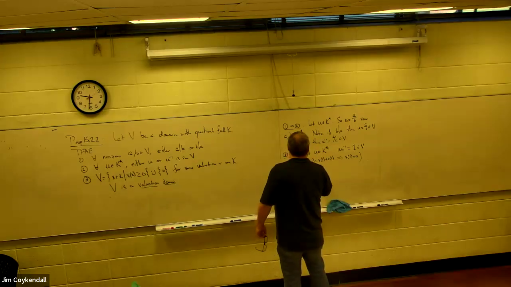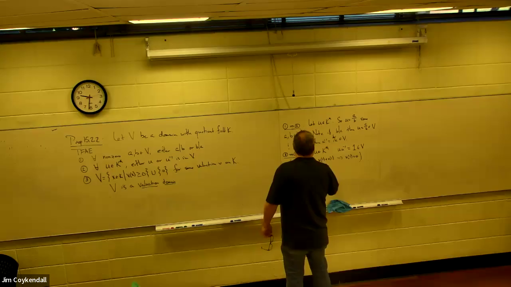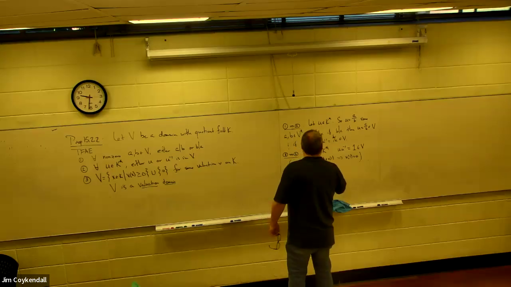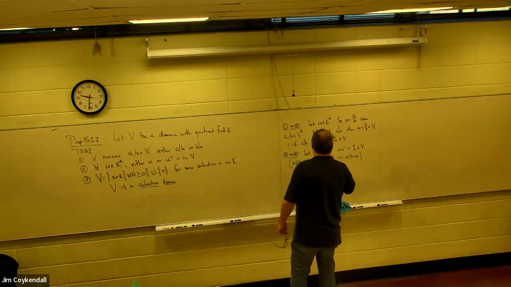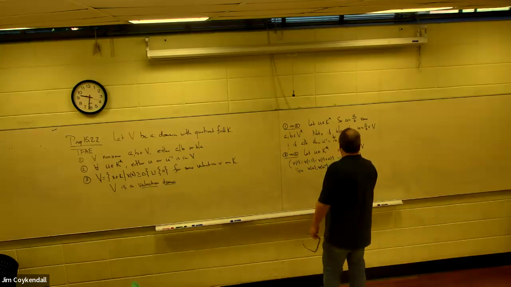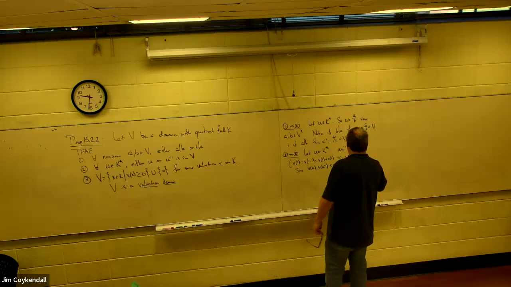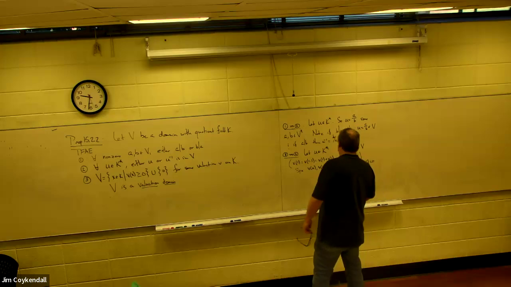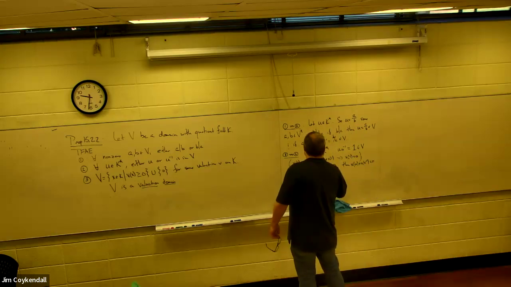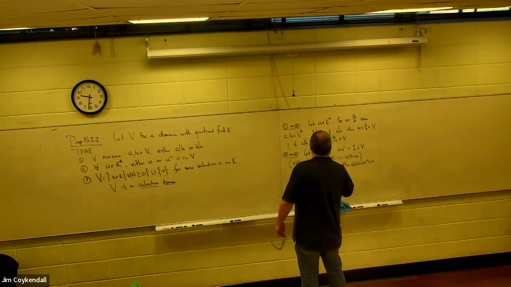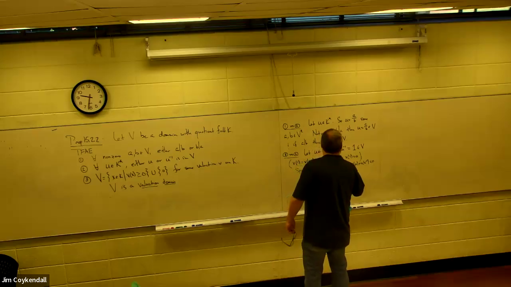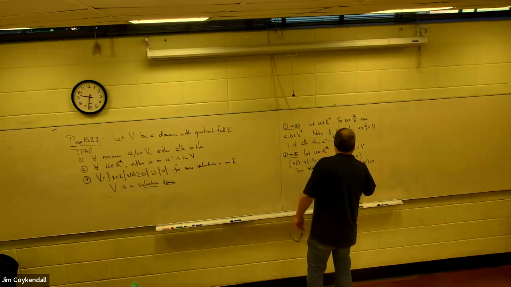Suppose value of U and value of U inverse are both less than 0, then value of U plus value of U inverse is also less than 0. Therefore, value of U times U inverse, value 1 equals 0, is less than 0, contradiction.